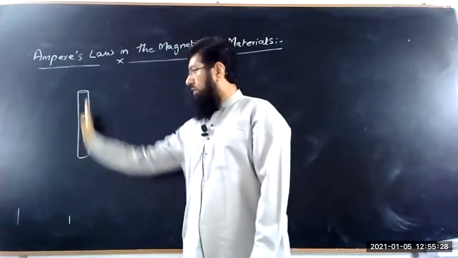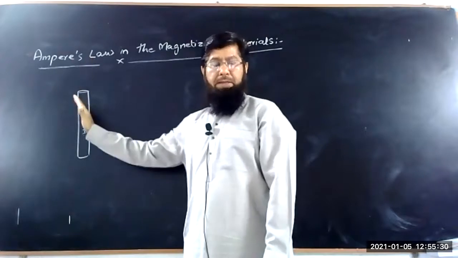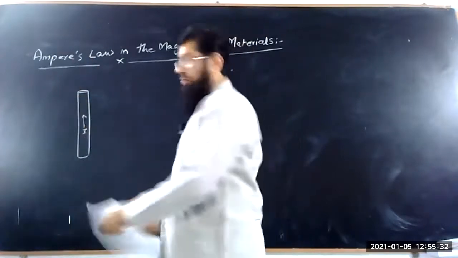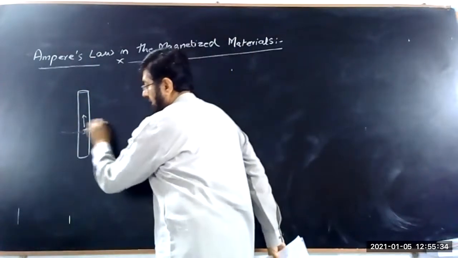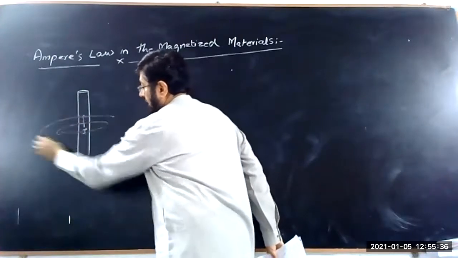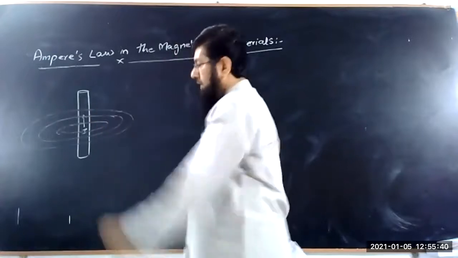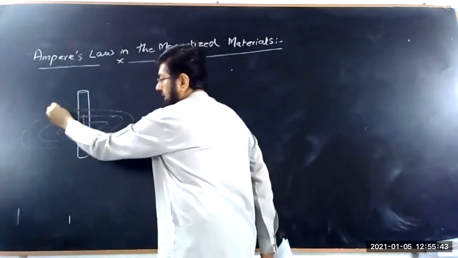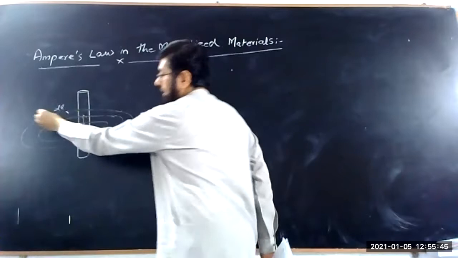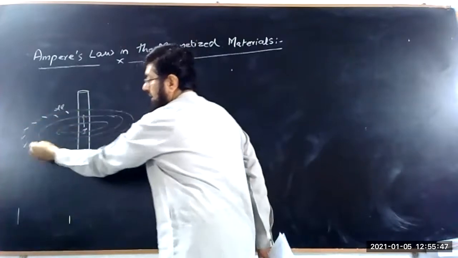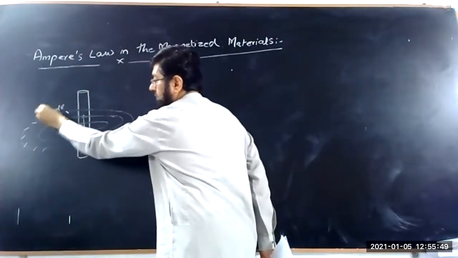If the current is flowing in this direction, the magnetic field is produced around the wire in the form of concentric circles. This is the magnetic field around it, and this is a small element dl. The sum of all dl is around this.